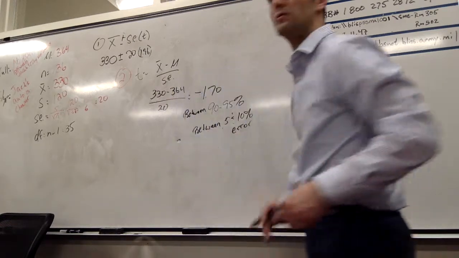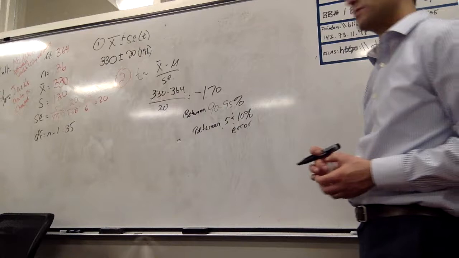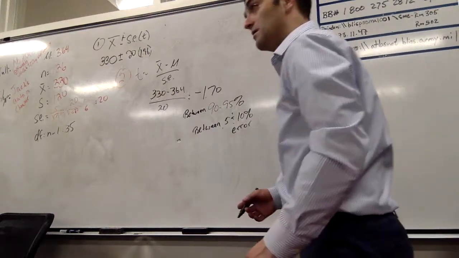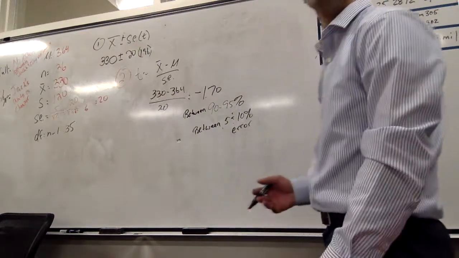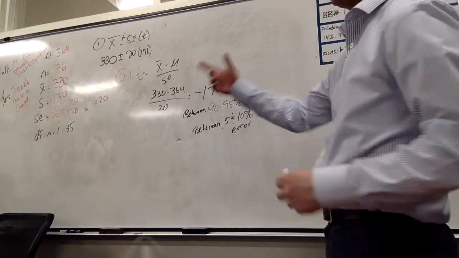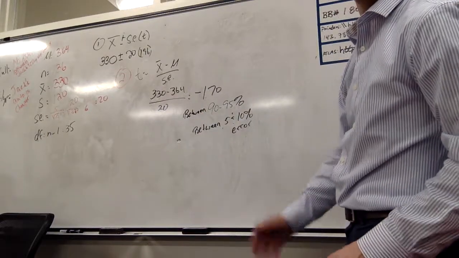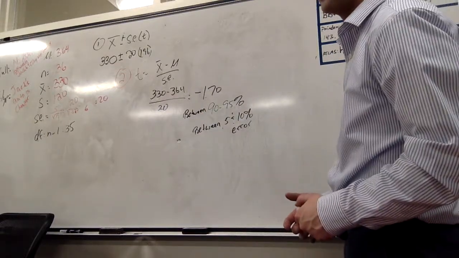We want it 5 or less. So with that, you cannot be 95% confident that JAX is cheaper. You don't have support for your hypothesis.